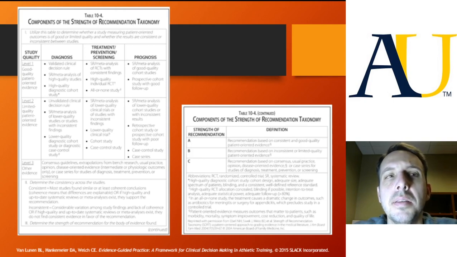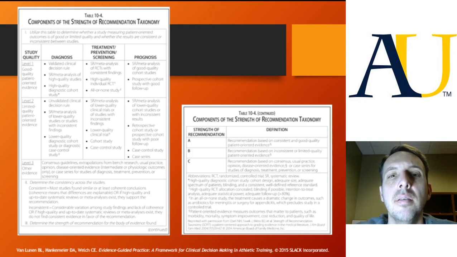And the main difference here is, as you can see, that we are first and foremost in the SORT levels of evidence going to describe whether or not this is patient-oriented or other evidence. The idea here is how closely the information obtained in this individual research article matches the patient focus.